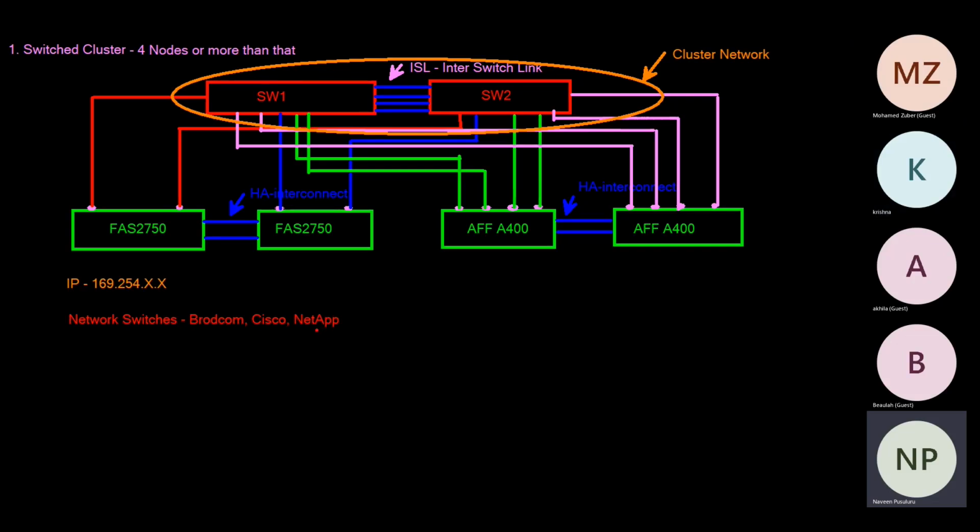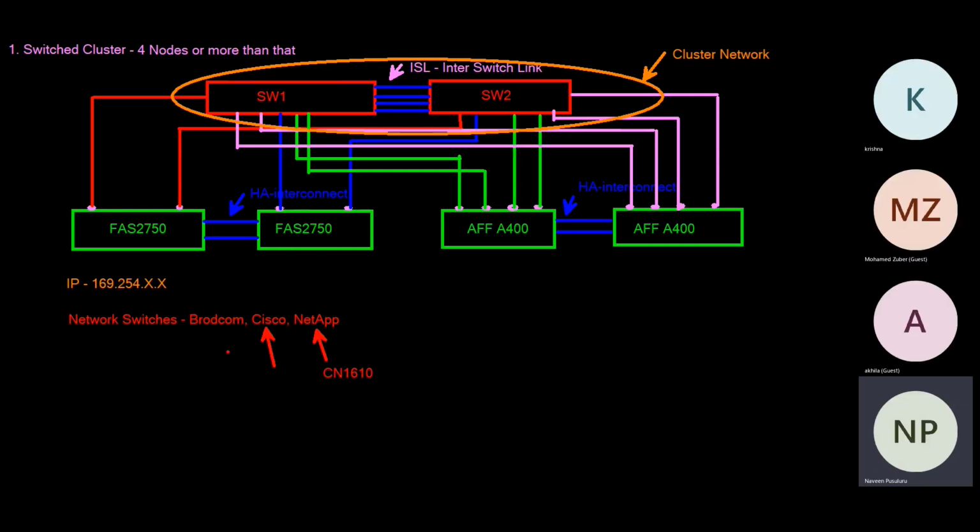For example, if you purchase NetApp switches, it will be the CN1610. That is one switch model. And when it comes to Cisco, there are few models. They have selected models actually. You need to use them only.